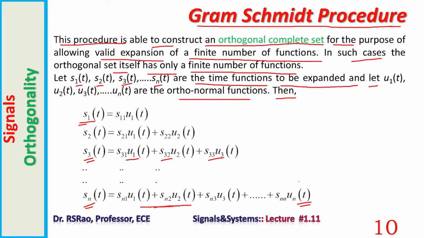Now, things that are known, available in this expansion are, we know S1, we know S2, we know S3, we know Sn. Unknown, S11 is unknown, U1 is also unknown, S21 is unknown, U1 is also unknown. Like that, right hand side, several unknown things are there. How to find them?